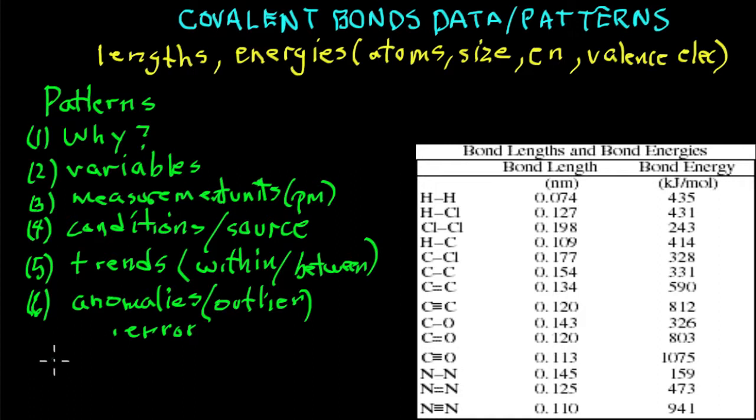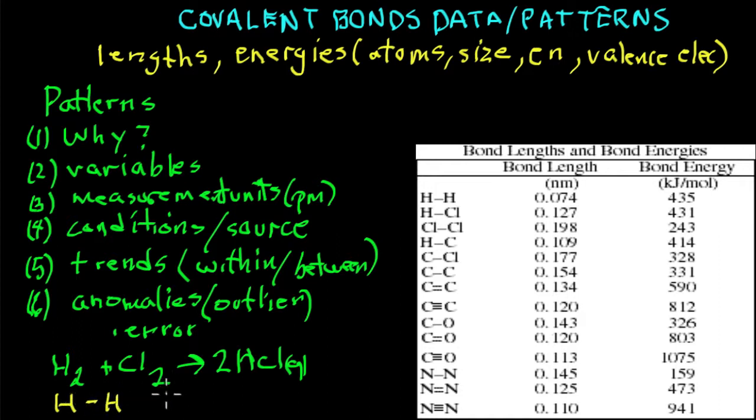Now let's look at how this data can be used. That's the next thing. Why is it there? Well, if you take hydrogen gas and chlorine gas, for instance, we know we can write a reaction, making HCl. Let's apply the data to this reaction. There is a hydrogen-hydrogen bond.